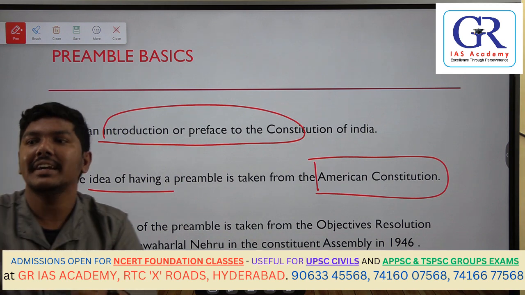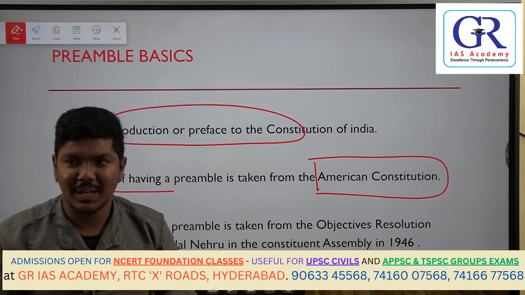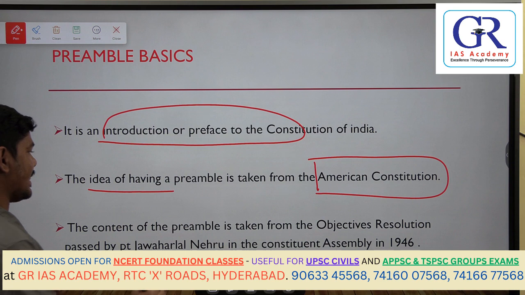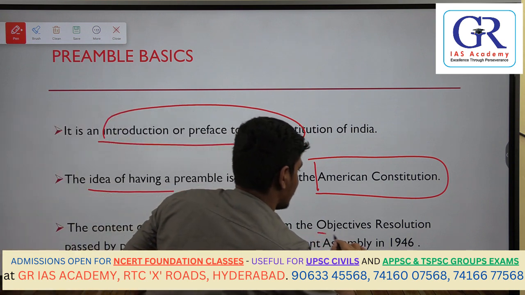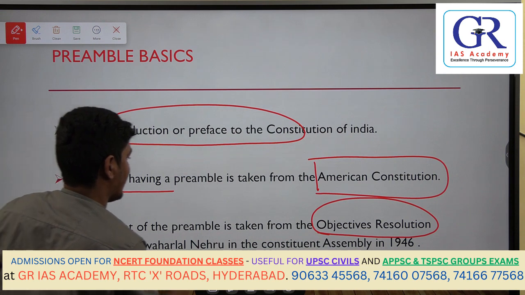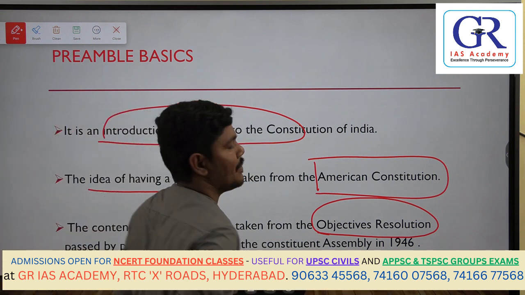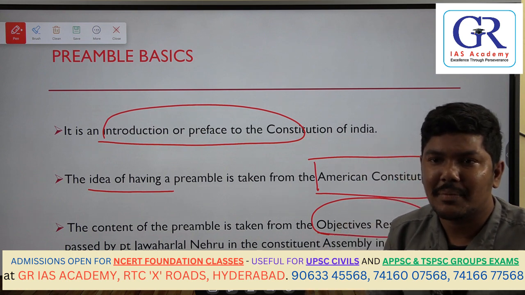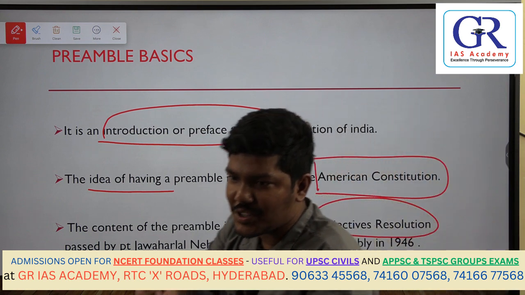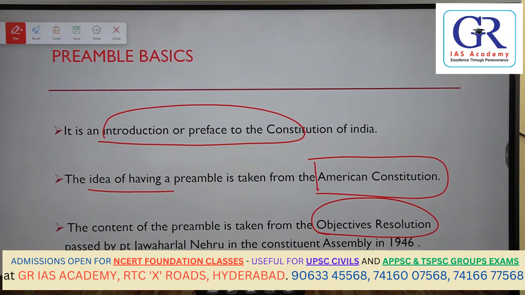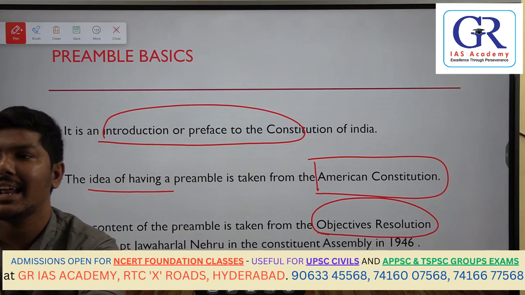Then, what needs to be written inside it? We took the preamble, that's fine, but what we wrote inside it was actually taken from the Objectives Resolution, which was moved by Pandit Jawaharlal Nehru in the Constituent Assembly in 1946. While the constitution makers were drafting the constitution in the Constituent Assembly, there was the Objectives Resolution, initiated by Jawaharlal Nehru.